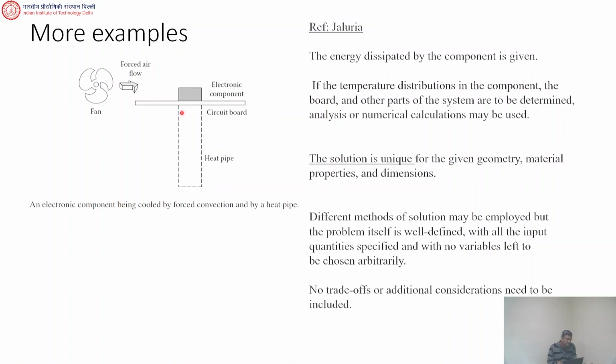And then that vapor of that liquid will move to the other part of the heat pipe, where it will condense, thereby releasing the heat. So it's continuously picking up heat from one place and releasing it somewhere else. So that is also a cooling mechanism. So this is called conceptual design.